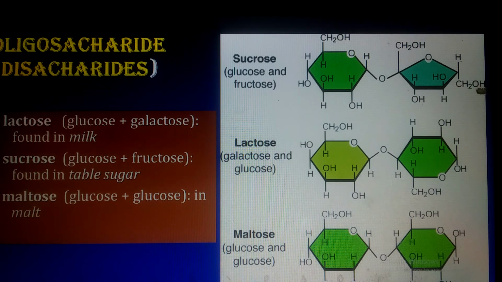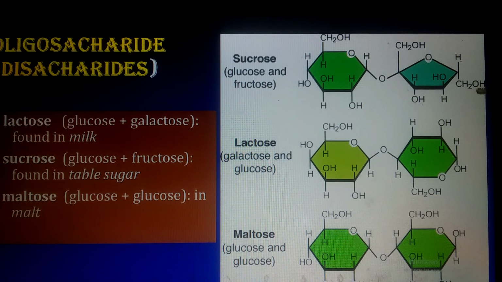The mechanism of condensation and hydrolysis are the two important chemical reactions. In condensation, monosaccharide is the micromolecule or monomer. These micromolecules combine by condensation to produce the macromolecule.